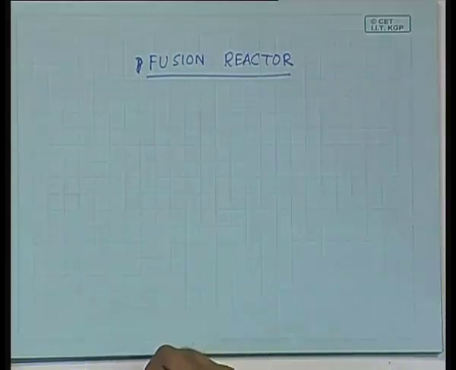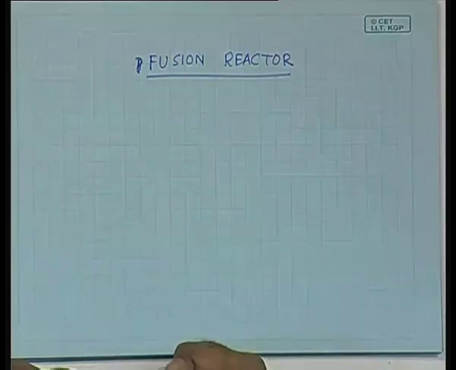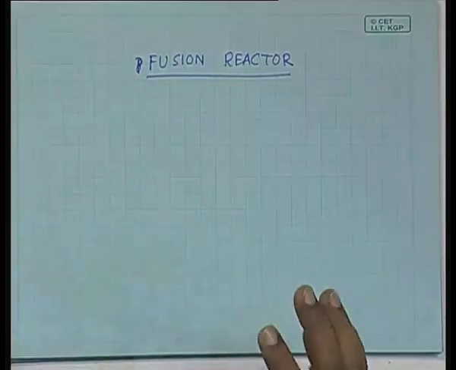That is why today we will take up the various directions in which people are trying to achieve it. Fusion is essentially the reaction that goes on inside the sun, right. What goes on inside the sun? Hydrogen is fused to form helium, right. Let us consider that process.